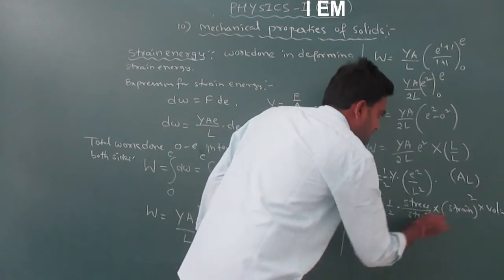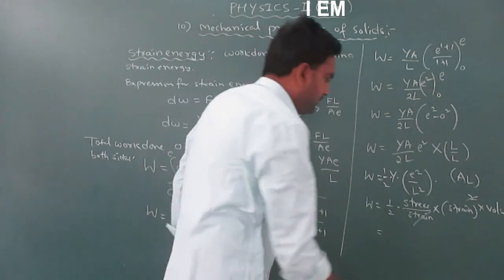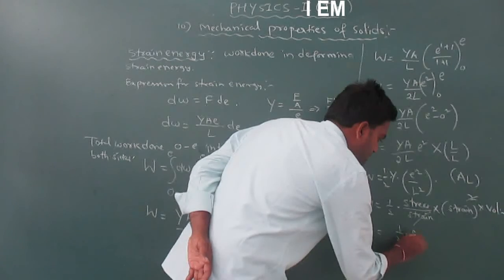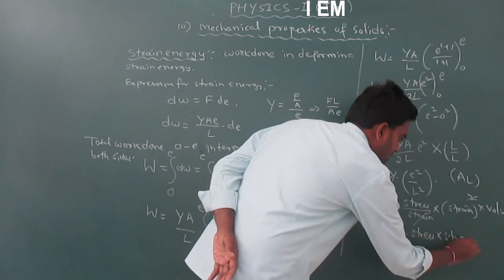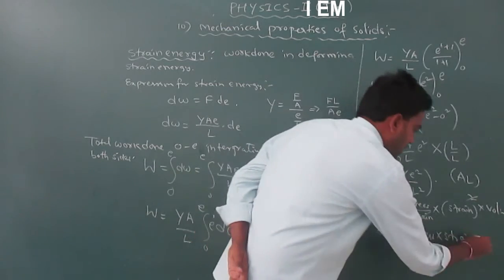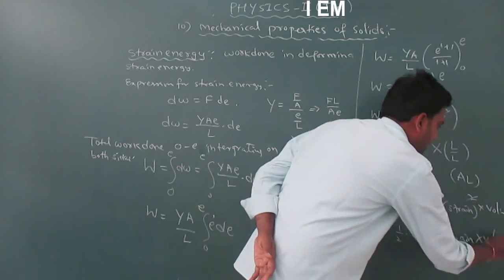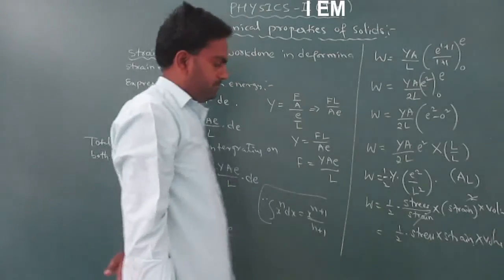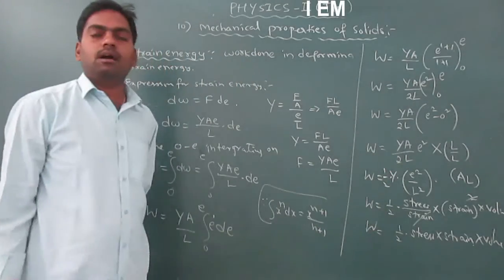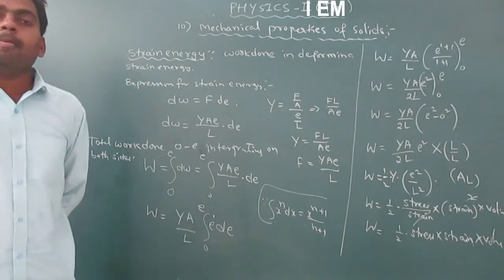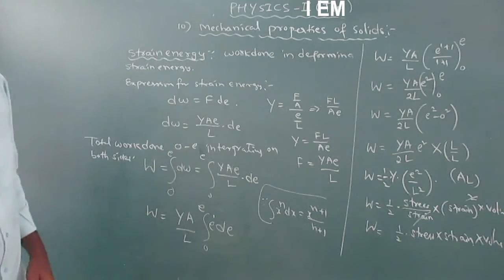So strain is cancelled, and the remaining equation we can write is half of stress into strain into volume, where A into L is the volume. So that is the total work done, and this total work done is stored as potential energy.